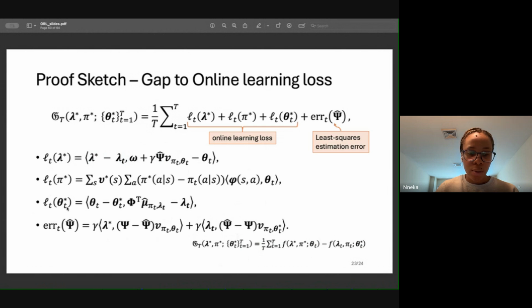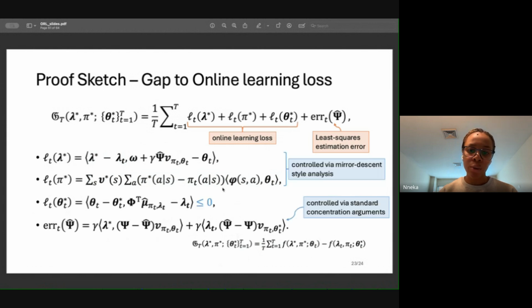And the last thing to note, after writing out things in this way, and to answer the question that was brought up earlier on: pi_t, again defined as a softmax policy, was convenient because then we can control this term, which is similar to the loss of pi_t with respect to pi star times some gradient term, which can correspond to some mirror descent update rule.